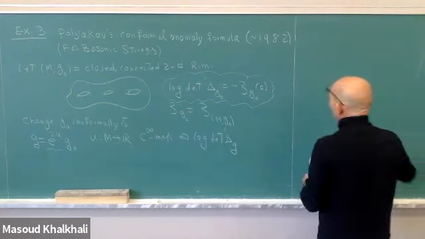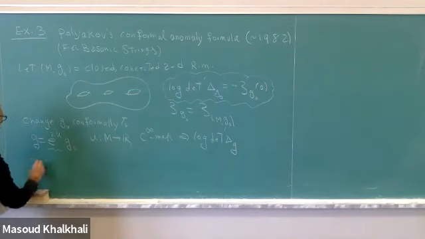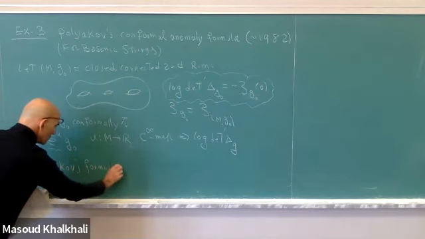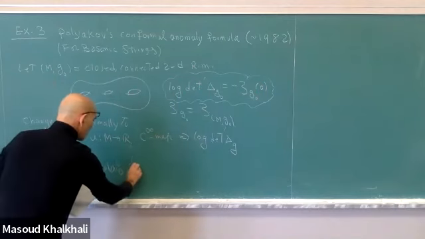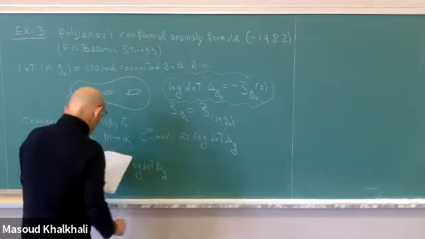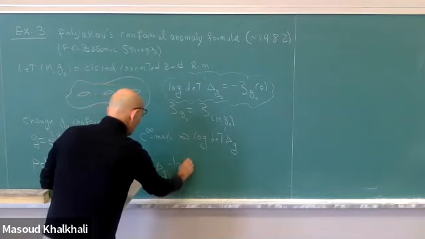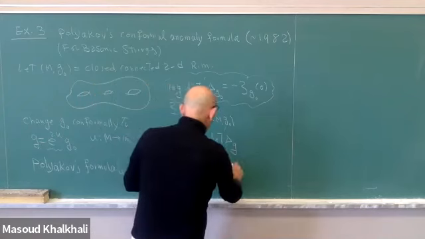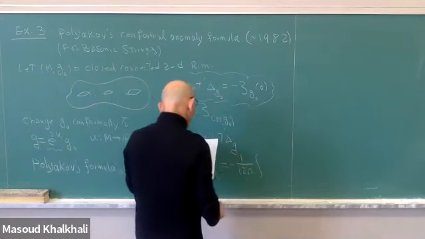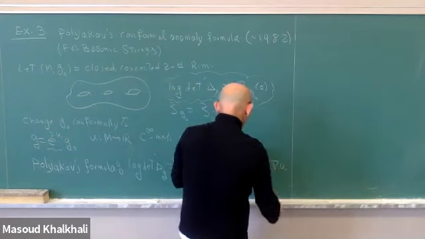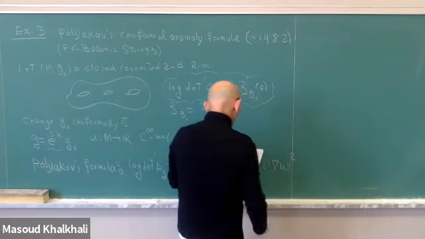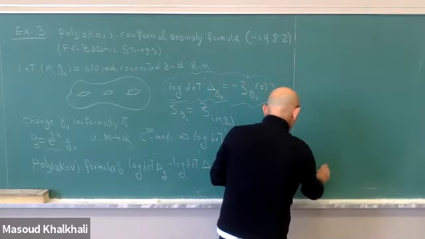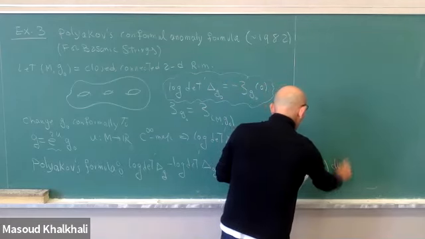So Polyakov's formula is this: the difference between these two numbers, log det delta G minus log det delta G0, is given by minus 1 over 12 pi times the integral of the norm of the gradient of u squared plus K G0 u, d volume G0.